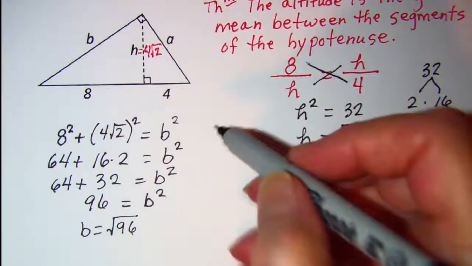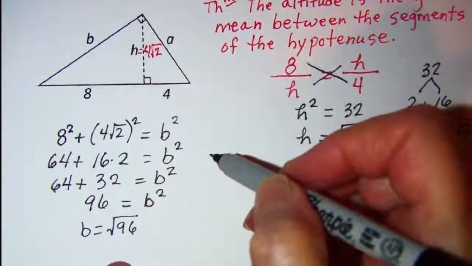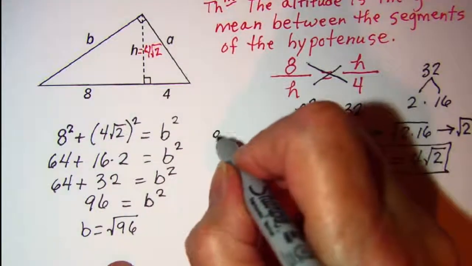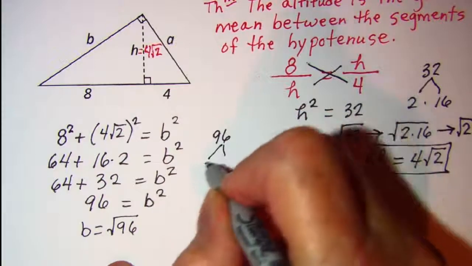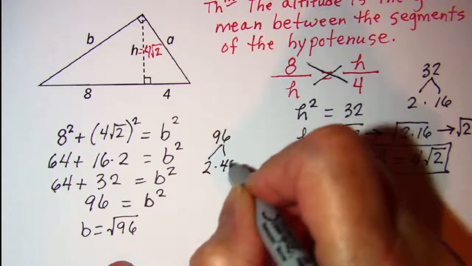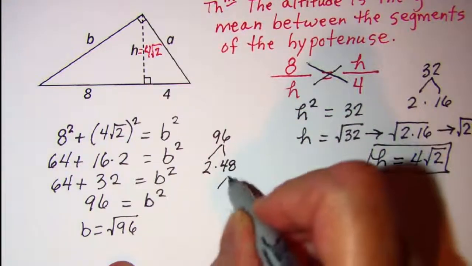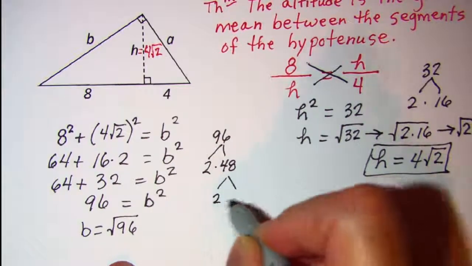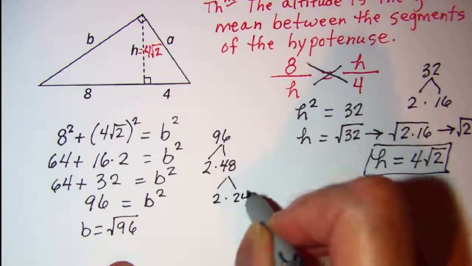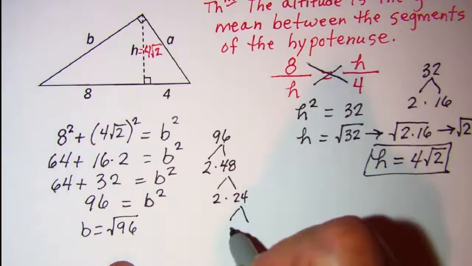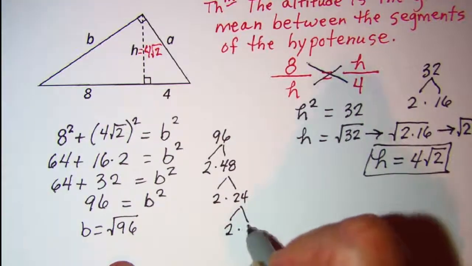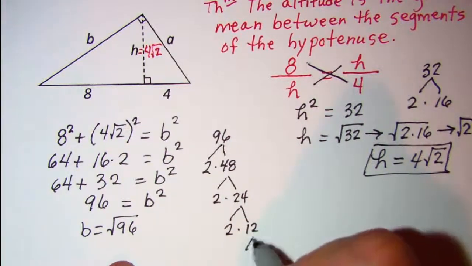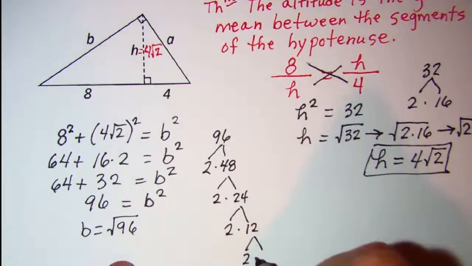Now let's do a factor tree for 96. 96 is 2 times 48. 48 is 2 times 24. 24 is 2 times 12. 12 is 2 times 6. 6 is 2 times 3.